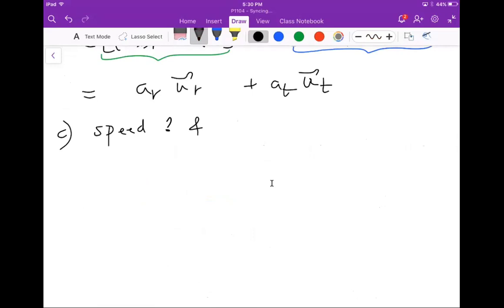In what concerns the speed, we know that AR is equal to V squared divided by R, so we can simply deduce that V is equal to the square root of R AR. Now R is known, it's given by 1.5 meters because it's nothing else than the length of this rope, right?